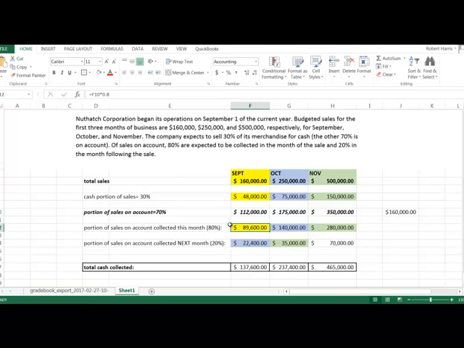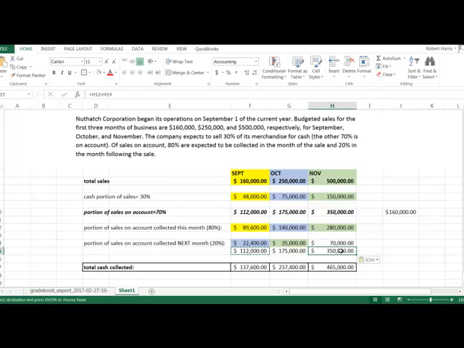The yellow is my color coding to show that we collected it in September, and the blue is the part we collect the next month, so that's not going to be collected until October. If we add this plus this, it's 112,000, right? It's the same.